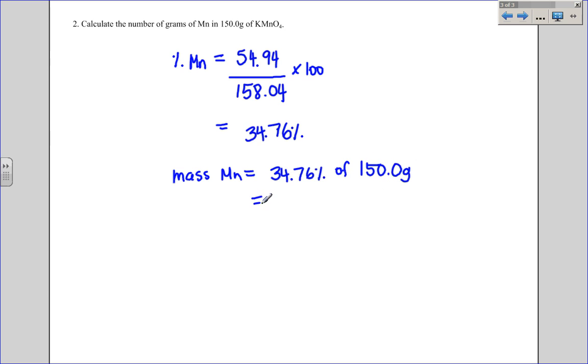So as you know from math, if you want to take the percent of something, you need to divide your percentage by 100 and times it by the quantity. So what we find in this case is that the mass of manganese in this sample is 52.15 grams.